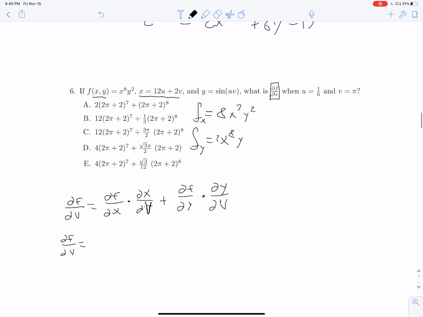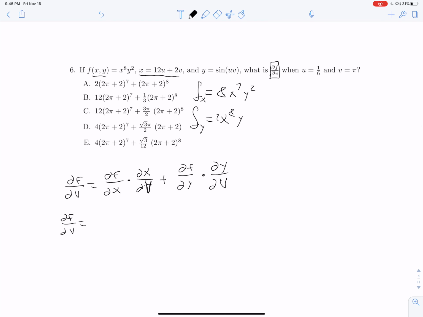Let's figure out what x and y are, which should be pretty useful for us. We see that x is 1/2 u plus 2v, where u is 1/6 and v is pi. So x is going to be 2 plus 2 pi, whereas y, which is sine uv, is going to be sine of pi over 6, which is 1/2. So we can solve these guys right off the bat.